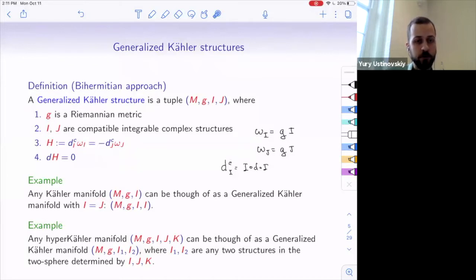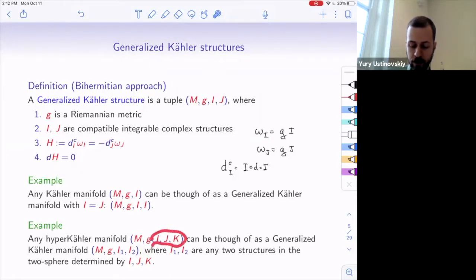Another example, more interesting from the point of view of generalized geometry and of what we're going to discuss, is the case of hyperkähler manifolds. Recall that this is a Riemannian manifold with a triple of Kähler complex structures I, J, and K satisfying quaternionic relations, so I composed with J equals K, etc. Any such hyperkähler manifold can actually be thought of as a generalized Kähler manifold in more than one way, in fact.